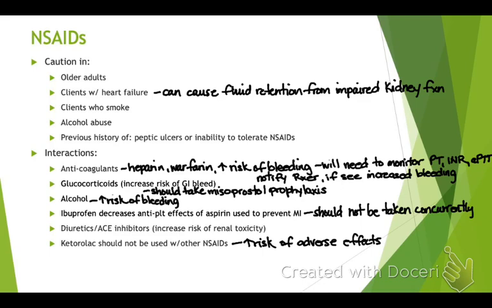Other caution that you want to take with NSAIDs, patients who are older, clients with heart failure, because with heart failure it can cause more fluid retention from impaired kidney function, because again, NSAIDs do have a higher risk of causing kidney dysfunction. You want to be cautious with those clients who smoke, who abuse alcohol, or have some type of previous history of peptic ulcers or the inability to tolerate NSAIDs that they've taken in the past.